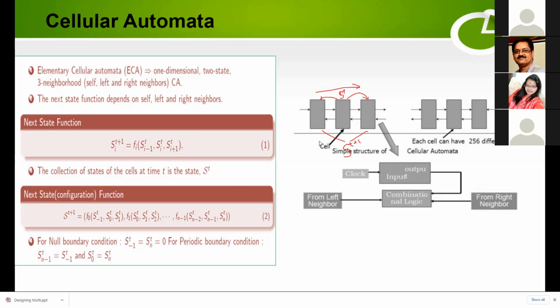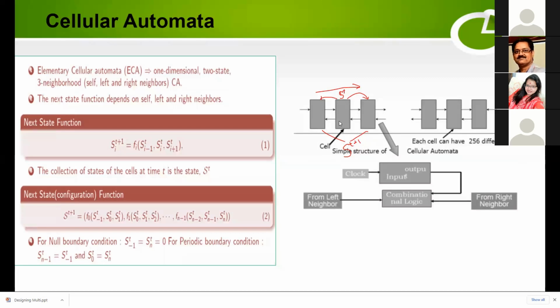This is called the local function. The collection of these local functions is called the global state or the configuration, and this configuration is updated using equation 2.